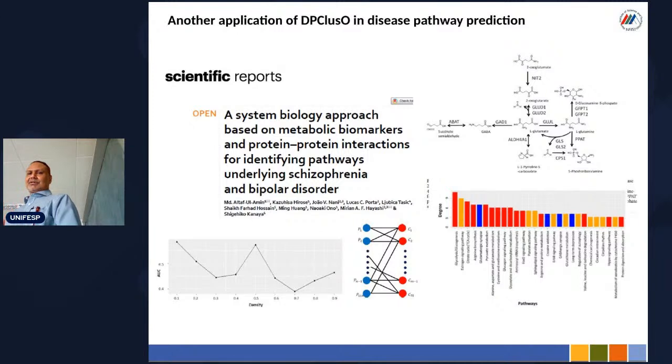So from the biomarkers, we tried to identify the pathways of the biomarkers, and from the pathways, we identified the related genes, and then from the genes, we go to proteins, and then from the proteins, we did the clustering, and from the clusters, we identified the pathways. I think 3 major types of pathways we detected here, and also we found a lot of evidence in support of this finding. With help from Professor Hayashi, we could give a good explanation in our paper. This one we published in Scientific Reports.